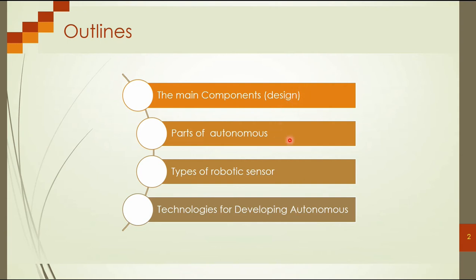All we are talking about is the autonomous system. So, the parts of the autonomous system. One part is the types of autonomous robotics, the sensors, and the third is the technologies for developing autonomous systems.